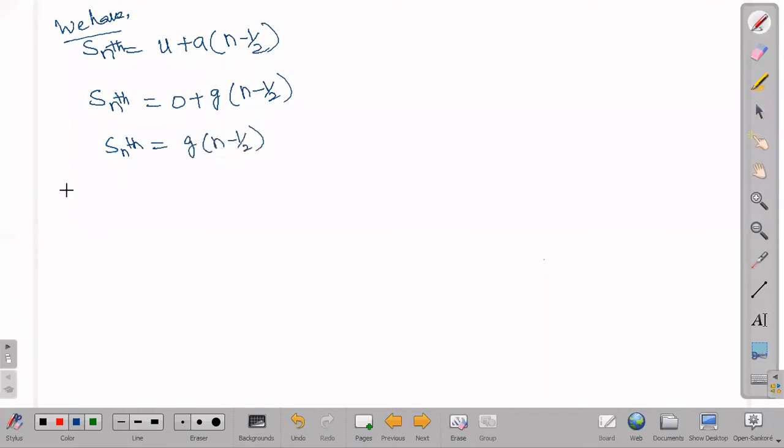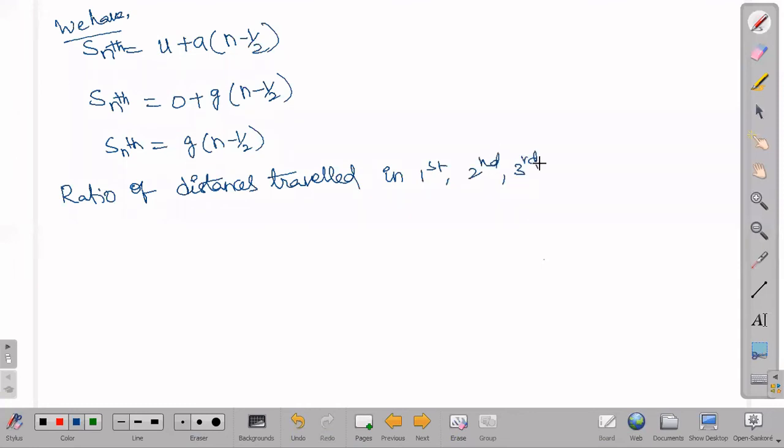Now based on this, I will be calculating the ratio of distances traveled in the first, second, third seconds. If we take ratios of distances traveled in these seconds, what do we get?